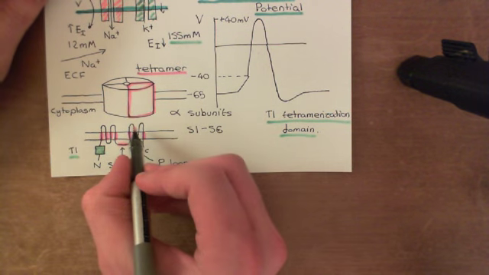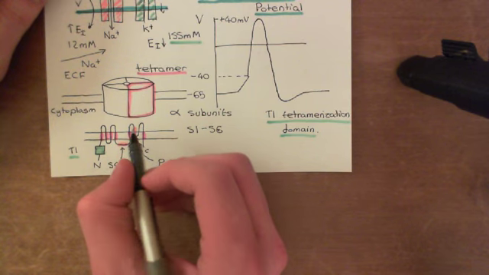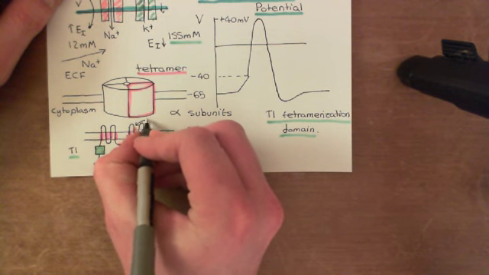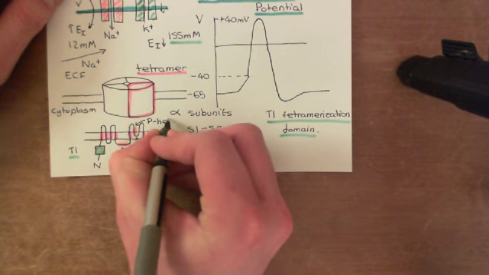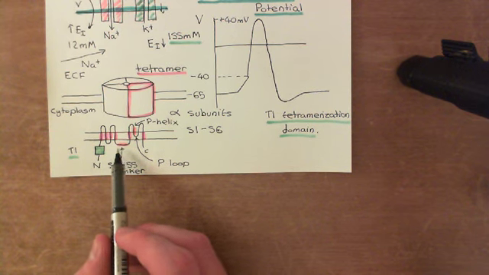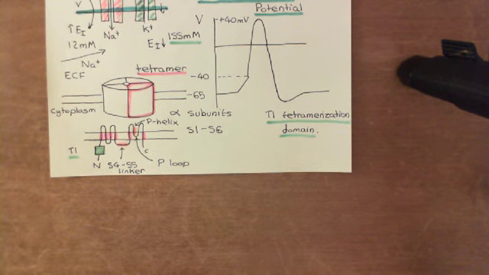That alpha helix on the portion of the P loop is known as the P helix, and the helix in the S4 S5 linker is just called the S4 S5 helix.